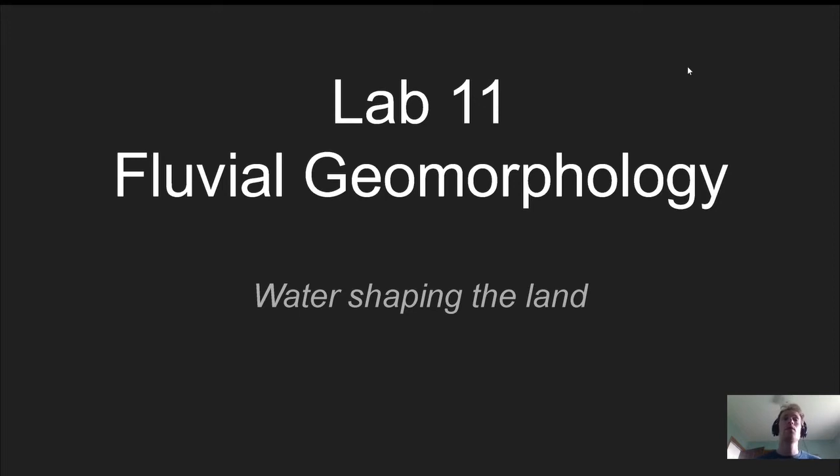Hi everyone, welcome to the video presentation for Lab 11 on Fluvial Geomorphology, which basically means how water shapes the land. Now, in this lab we're talking about moving water, so a stream or a river, which would pick up sediment and may deposit sediment somewhere else.